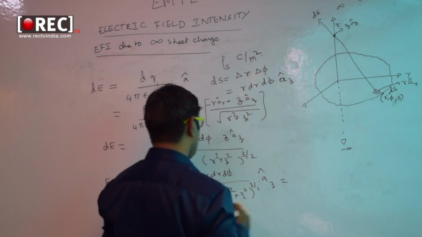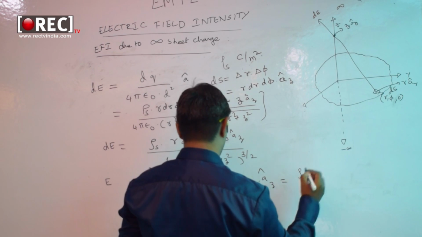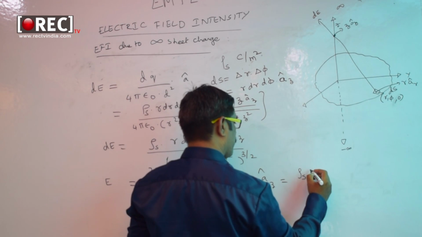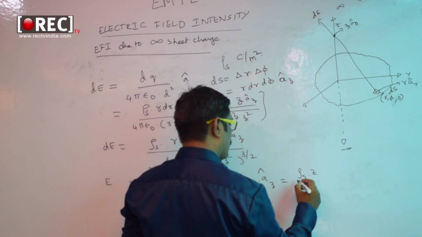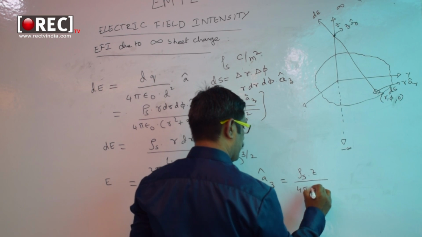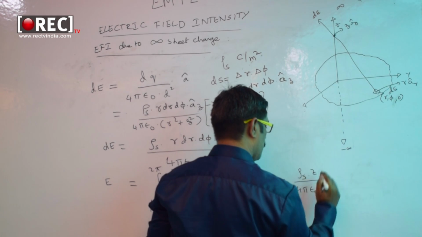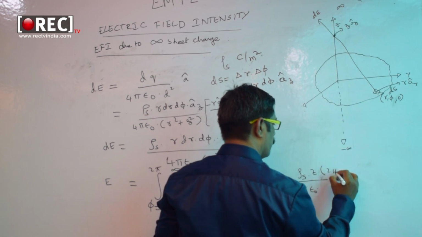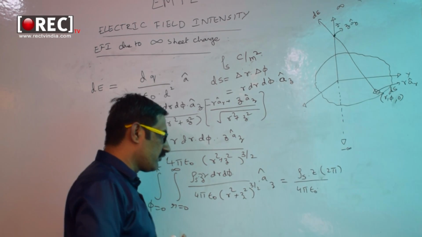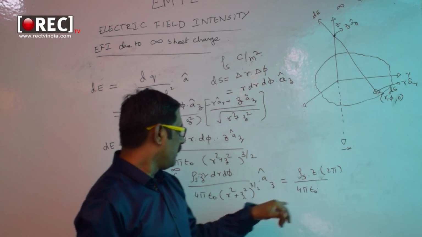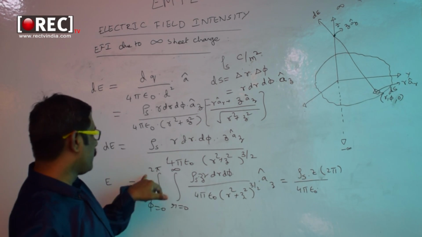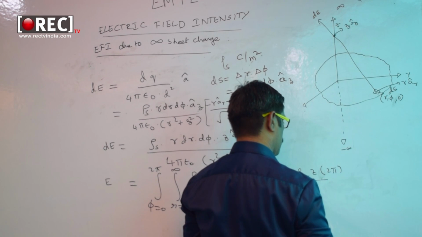So here you are having rho s into z divided by 4 pi epsilon naught into 2 pi. This 2 pi we got because the integral of d phi from 0 to 2 pi gives you 2 pi.